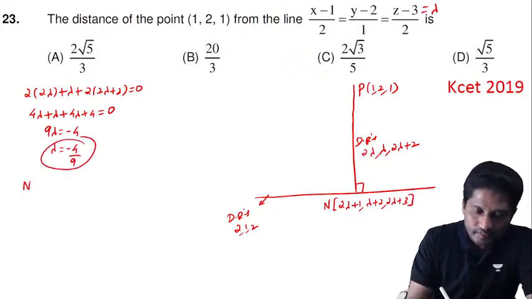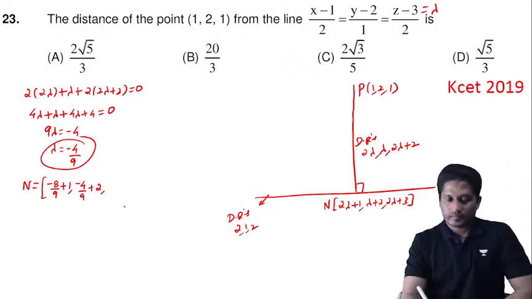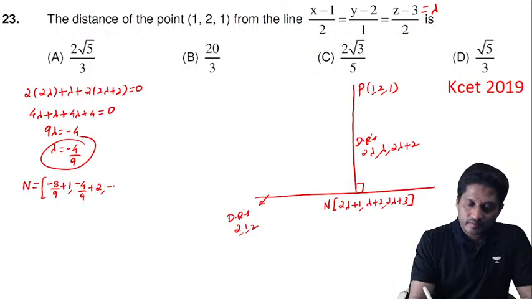Now the foot of the perpendicular becomes minus 8 by 9 plus 1, comma minus 4 by 9 plus 2, and then minus 8 by 9 plus 3.